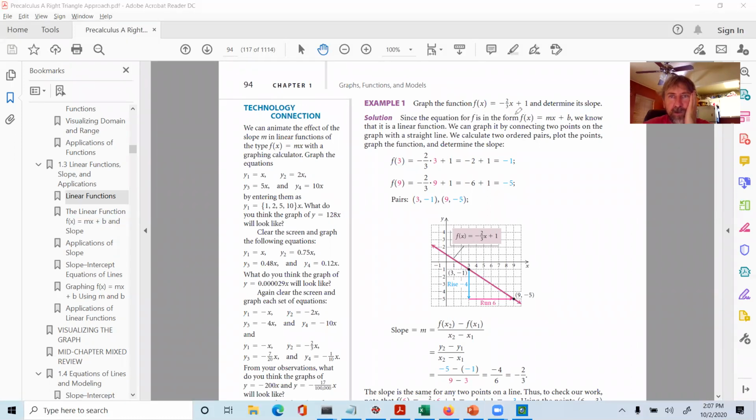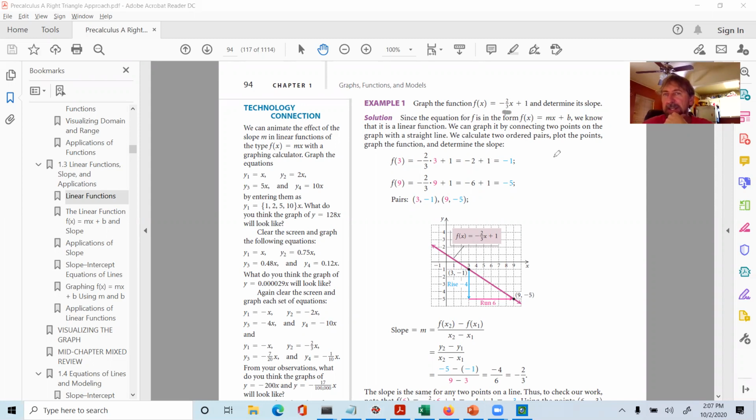What do we know? Since the equation is mx plus b, there's a multiplier times x plus b, some constant, we're in this linear type of function.